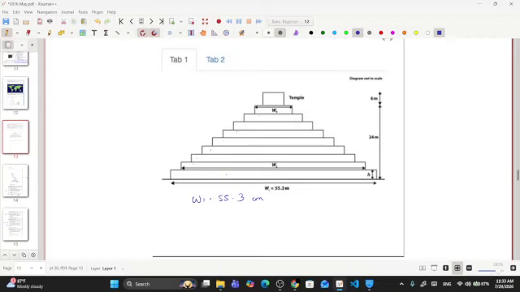Now, have a look. In order to go from this step to this step, 1, 2, 3, 4, 5, 6, 7, 8. You have to climb a total of 8 steps. Okay? You have to climb a total of 8 steps.